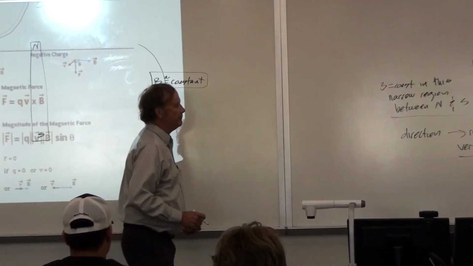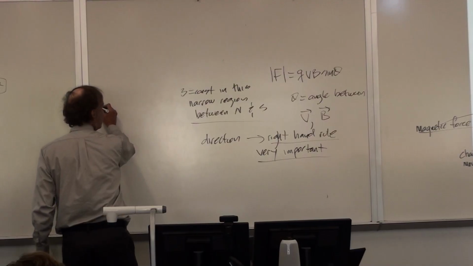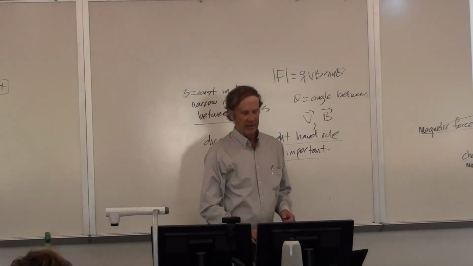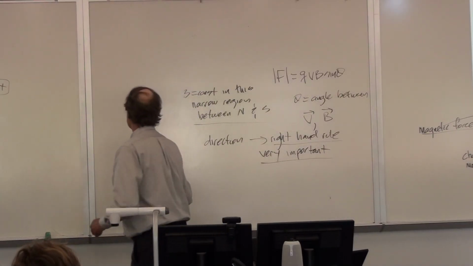Okay, so how do you do it? Well, what you want to do, and this is what we call the right-hand rule, and there's different ways of accomplishing this. There's actually 3 different ways that I know of, and the one that I like the most is this one.